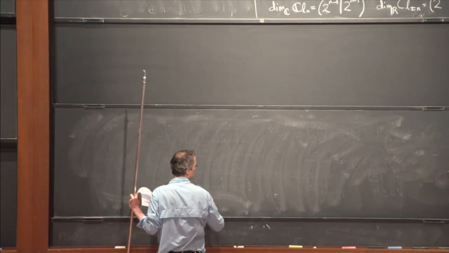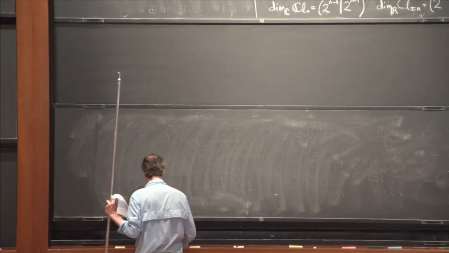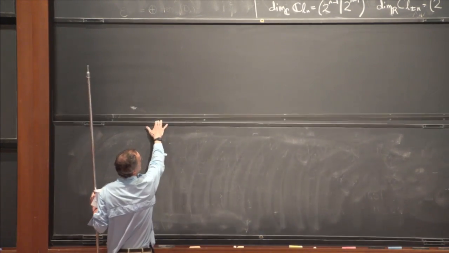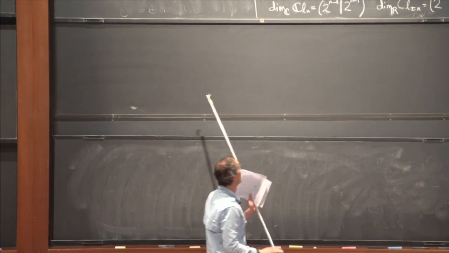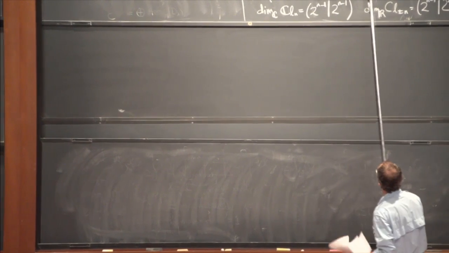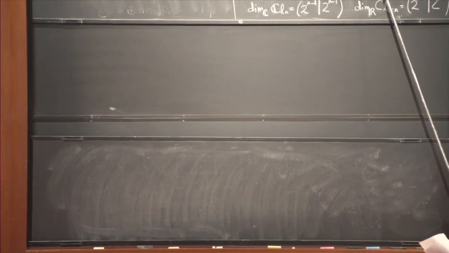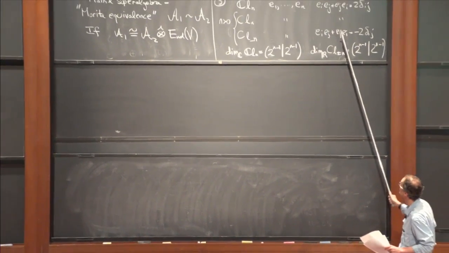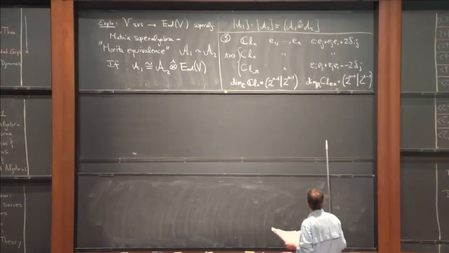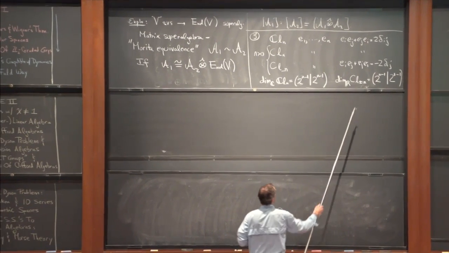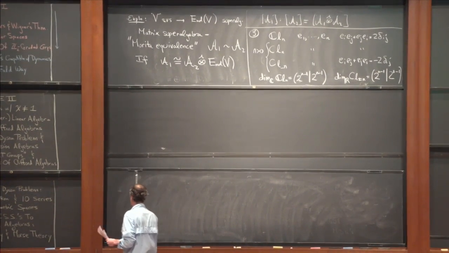So I said the generators EI are odd, and so I then have a Z2 graded algebra according to whether an element is obtained by multiplying an even or an odd number of Clifford generators. And that's consistent because the relations here only involve an even number of generators.